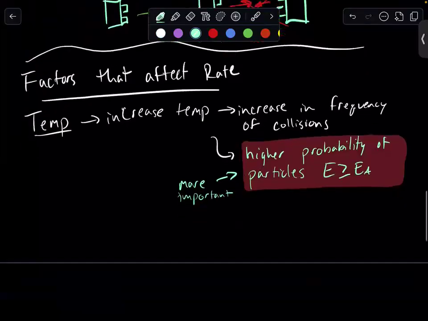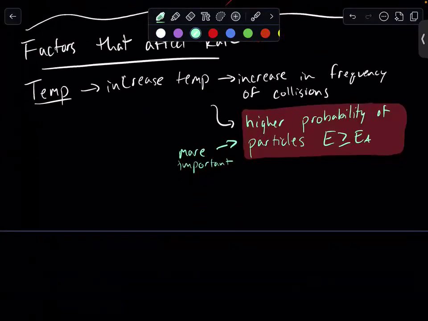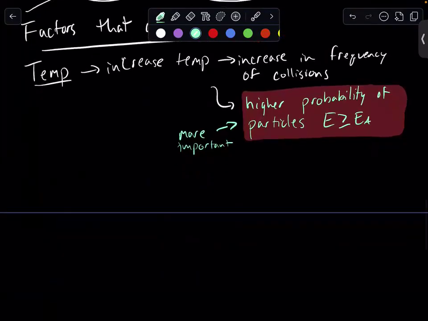With that in mind, let's look at how we actually define rate, or how we actually figure out the general idea of rate. So you can think of rate as the collision frequency times the fraction of effective collisions.